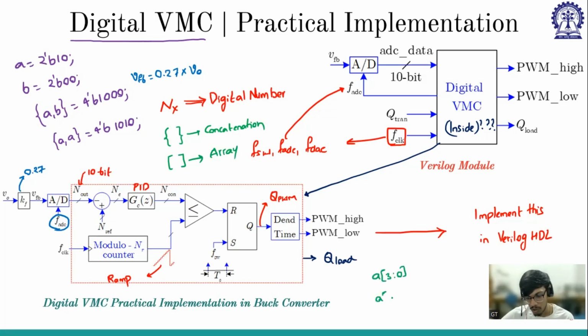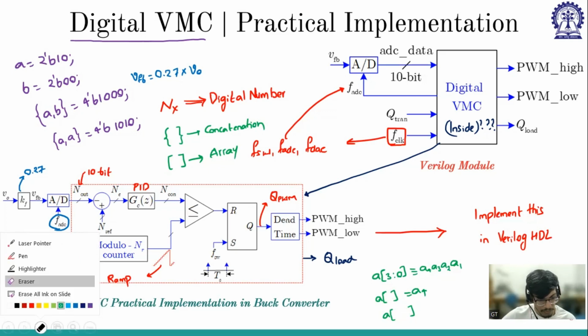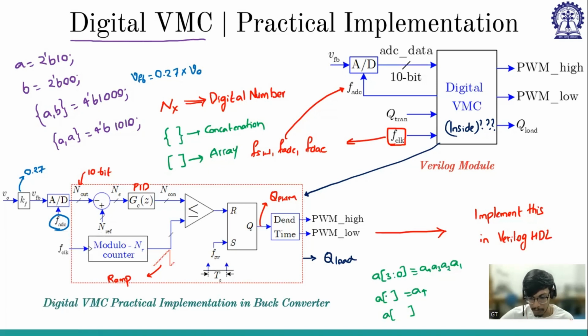Now if I say A[3:2], I am accessing the 3rd bit as well as the 2nd bit, since the most significant bit is represented as A3. So I am getting A3 as well as A2.